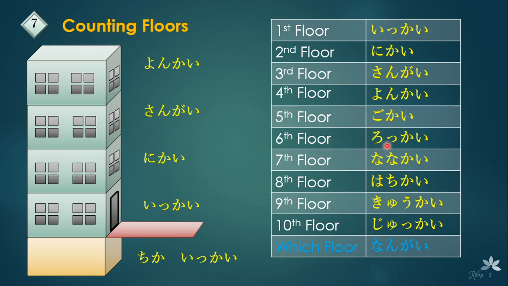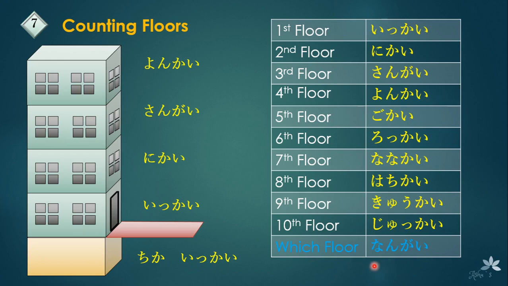Sixth floor, rokkai. Seventh floor, nanakai. Eighth floor, hachikai. Ninth floor, kyukai. 10th floor, jukkai. And when you want to ask which floor, you will ask nangai.